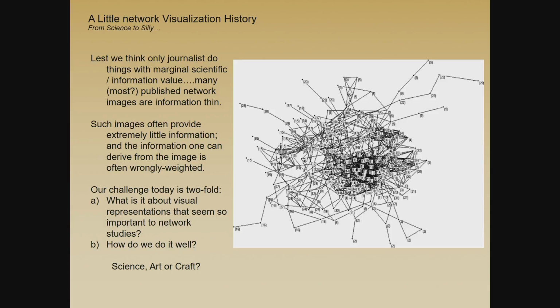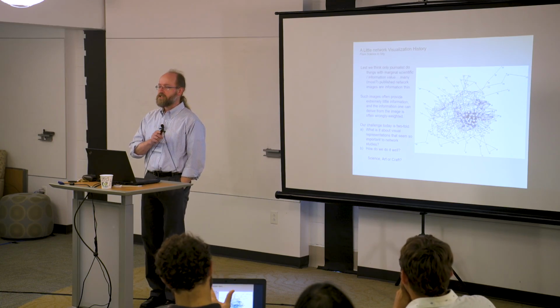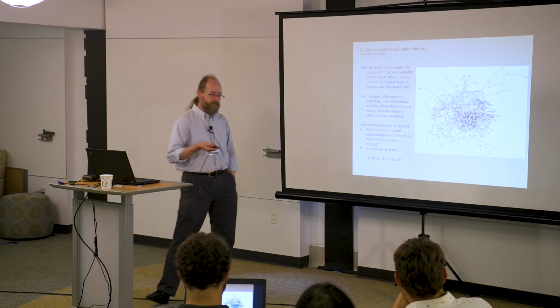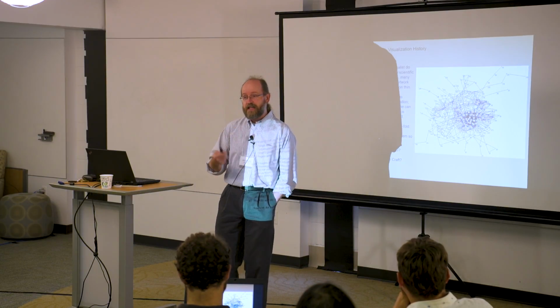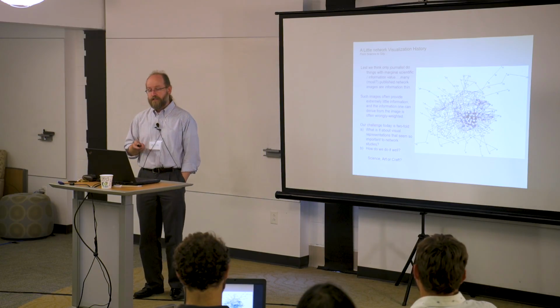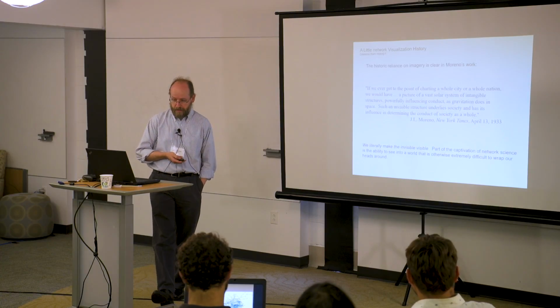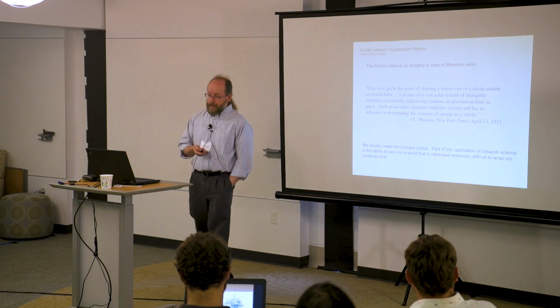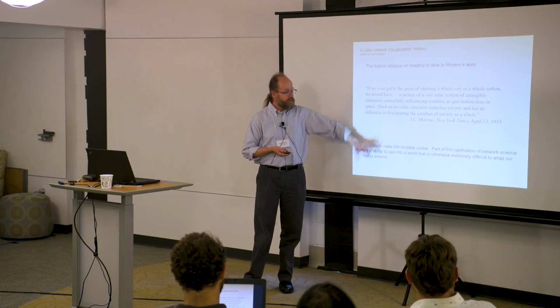And so our goal today is to talk about how we might distinguish an image like this, which none of you should ever put in a paper, from an image that might actually communicate something to an audience, in a way of thinking about networks and network visualization that allows us to learn something, and hopefully not something that's just artistic, but is also at least a little bit scientific. And so then how do we do that? The goal is to make the invisible visible, and we're going to try to take this portion seriously.